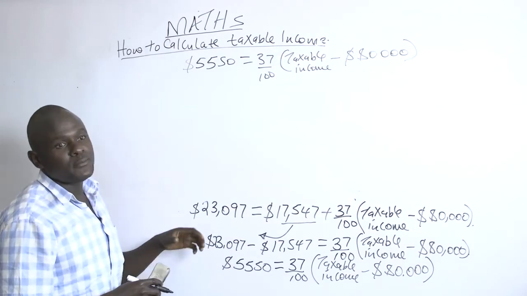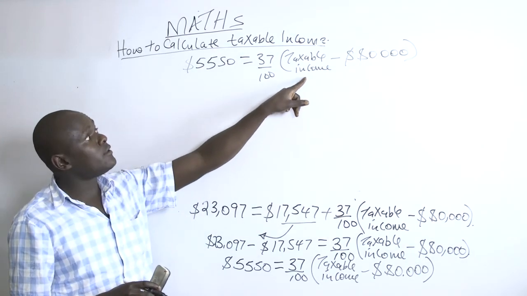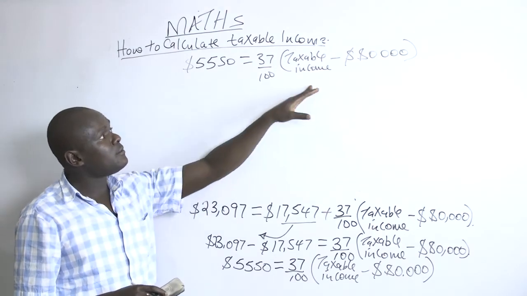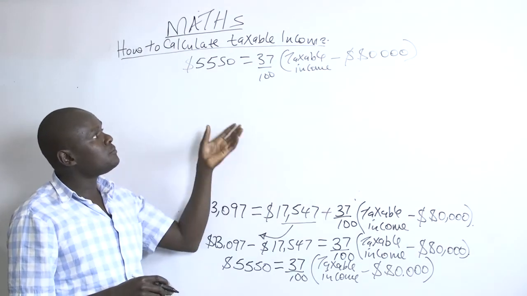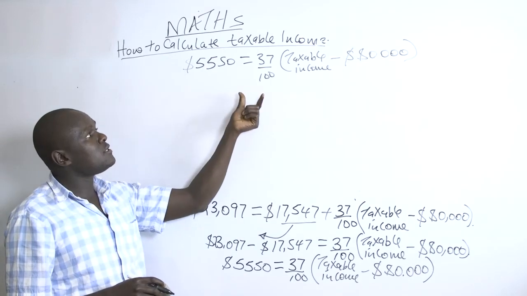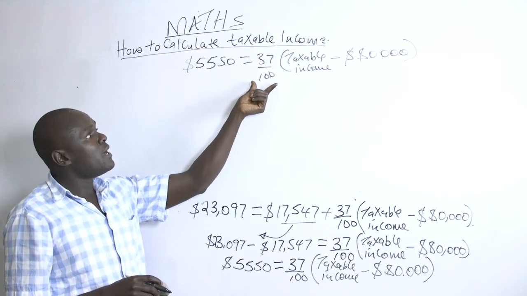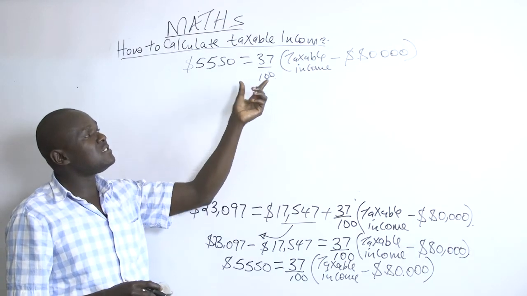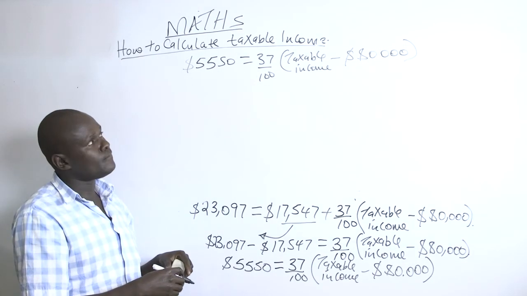So how do we simplify so that we end up with our taxable income? We can open up the brackets, or we multiply both sides of the equation by the reciprocal of this figure, 100 out of 37, so that we eliminate it from the right hand side.